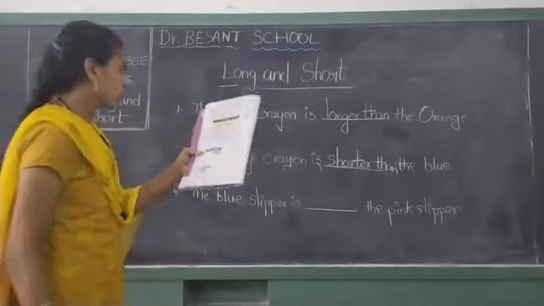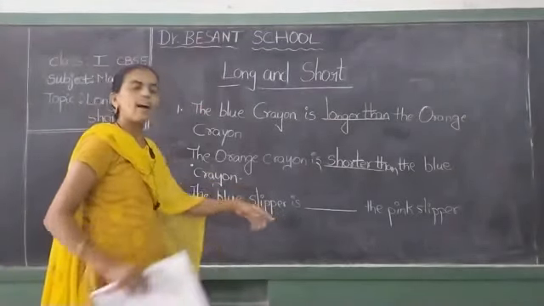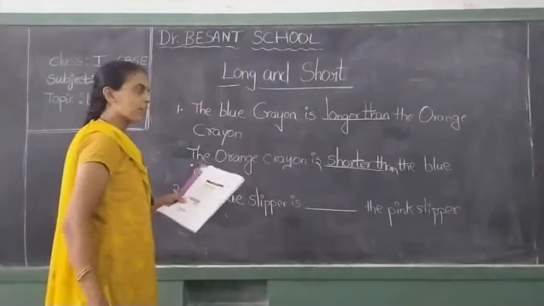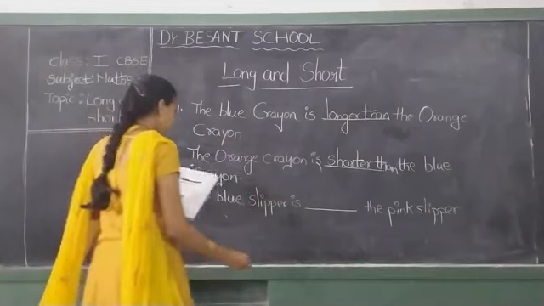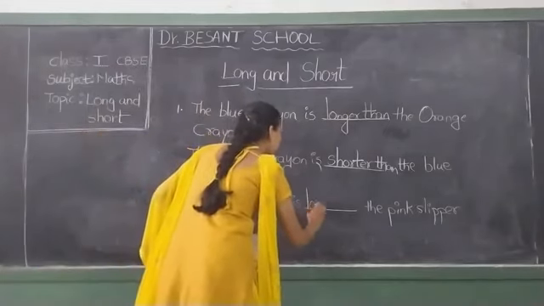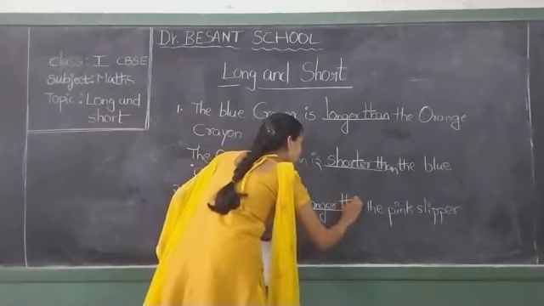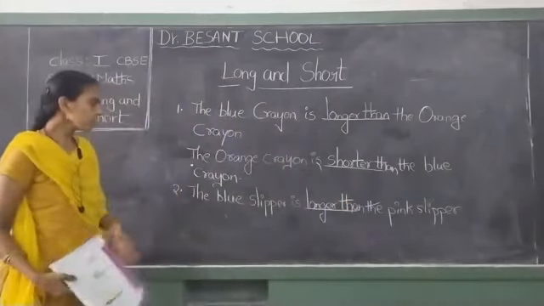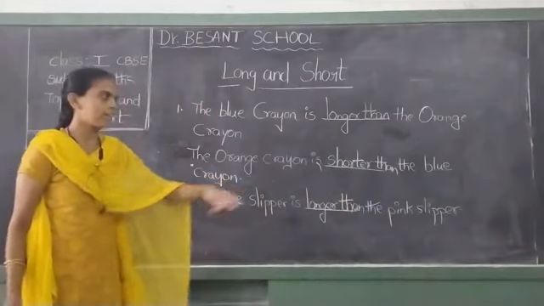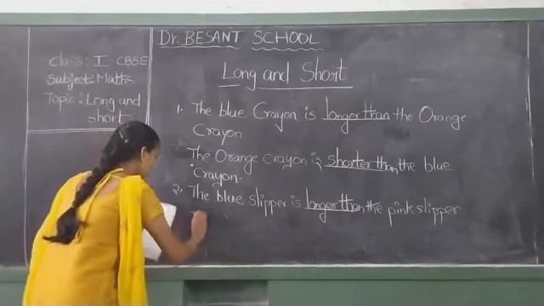Follow the textbooks. Yes, you have to write the blue slipper is dash the pink slipper. That means what you are going to write in the blank? Yes, it is longer than. The blue slipper is longer than the pink slipper. Next one.